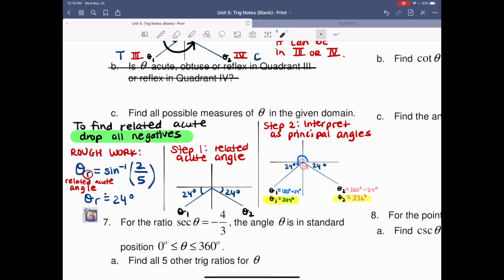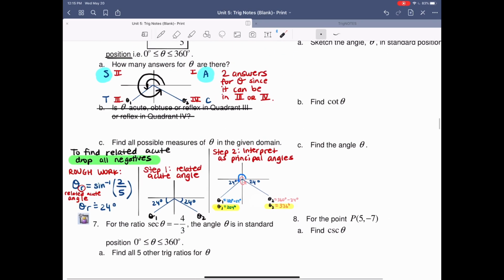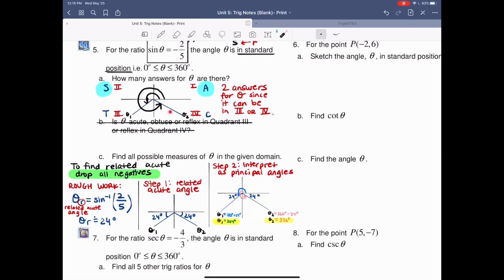In terms of your notes, it's fine if you just have this step, this part, and this part. Remember that we needed to drop all the negatives, but I still needed to consider the negative when I was doing this drawing. But in the previous part A, I already interpreted that it is going to be in quadrant 3 and 4 because my value for the trig ratio was negative.